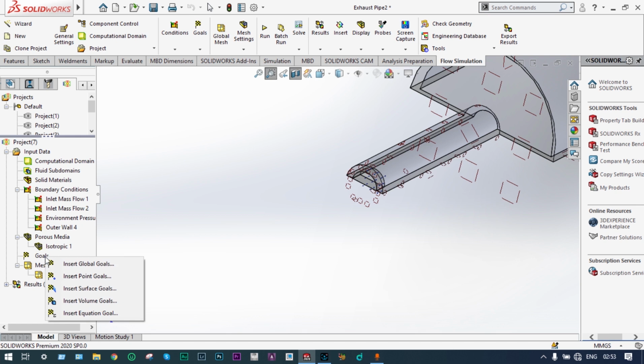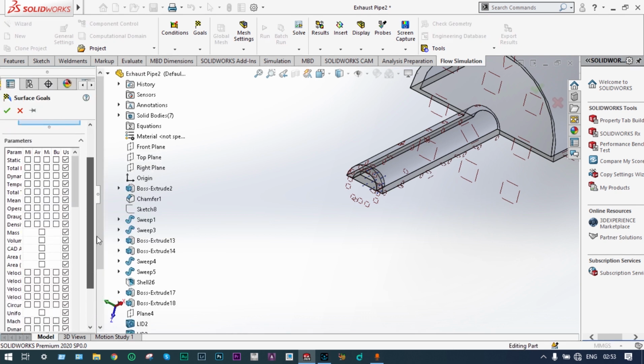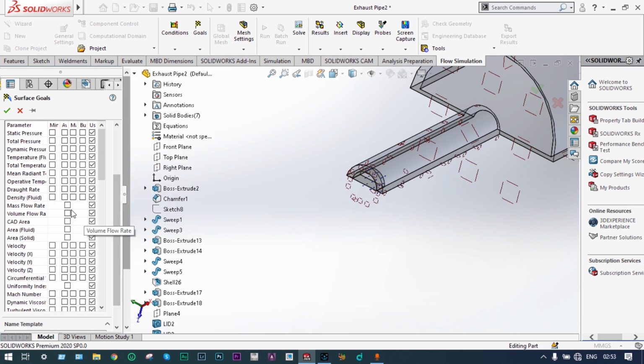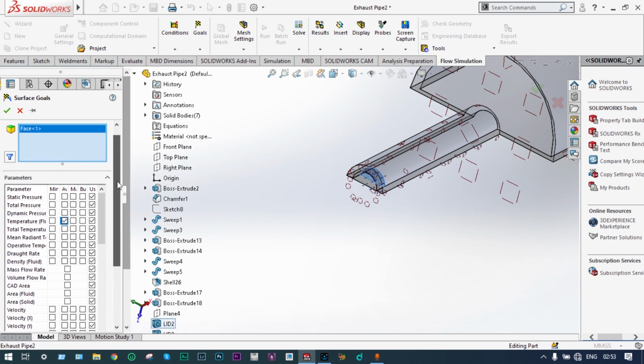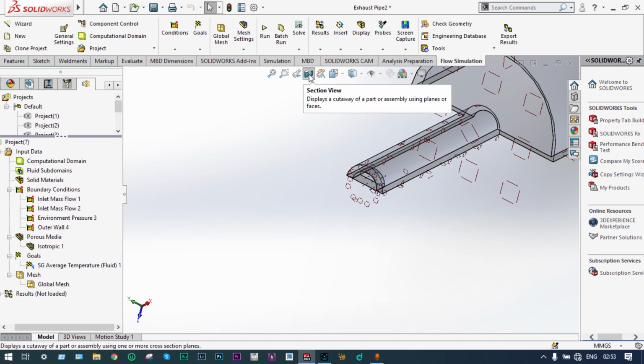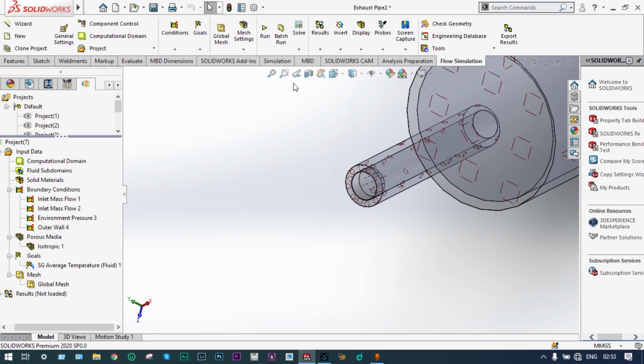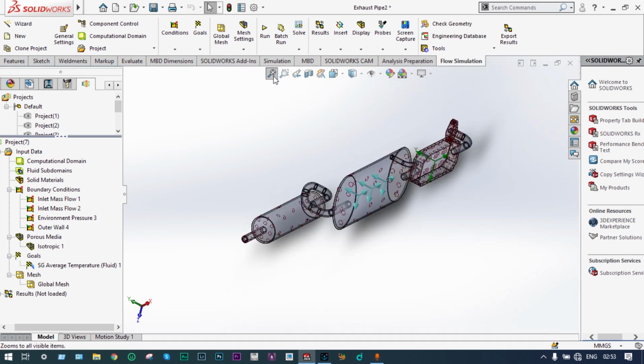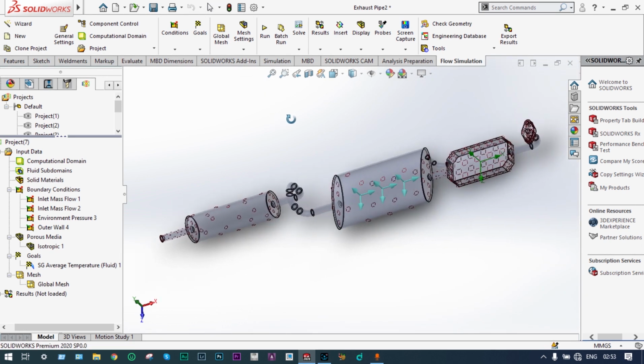So goals, insert surface goals. We want to have average temperature of fluid at the exit location. Selected at phase 1, green check. So the goal is also defined. Now we can run this simulation.